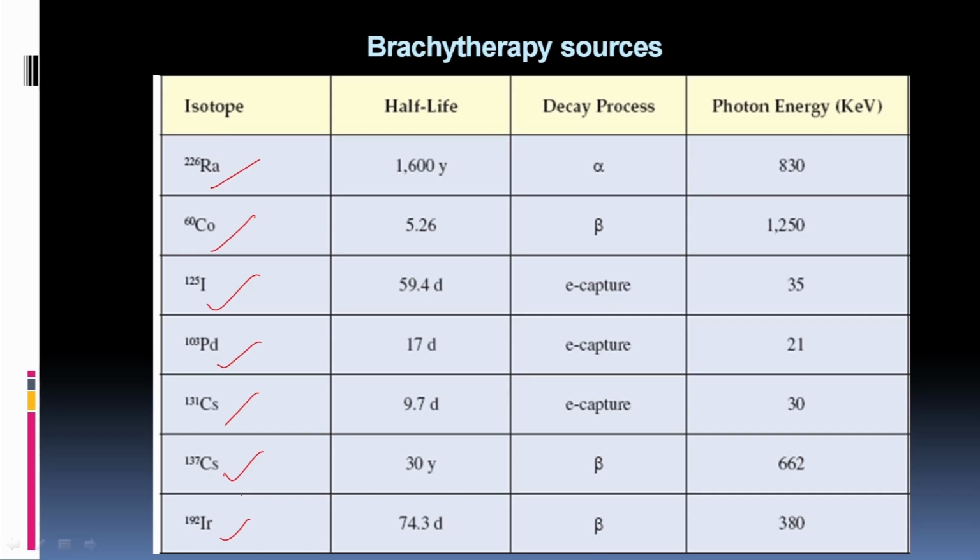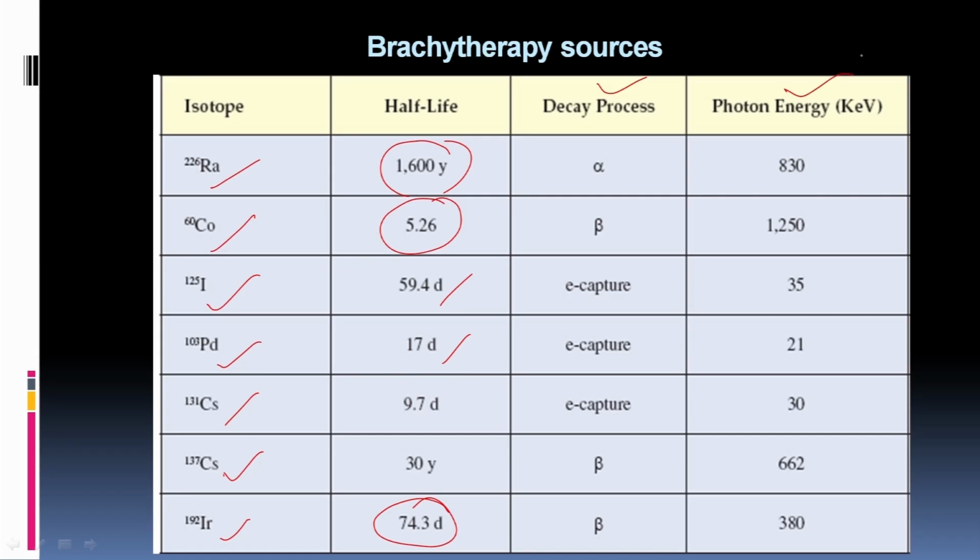These are commonly used brachytherapy sources, and for their half-lives, radium has a very long half-life, cobalt 60 has 5.26 years, iodine has days, palladium also has a half-life of days, and iridium 192 has 74.3 days.